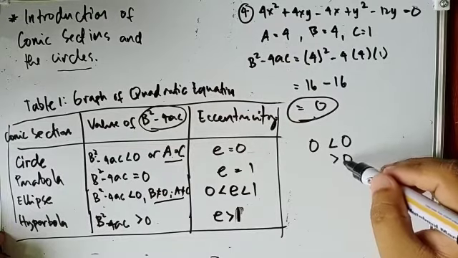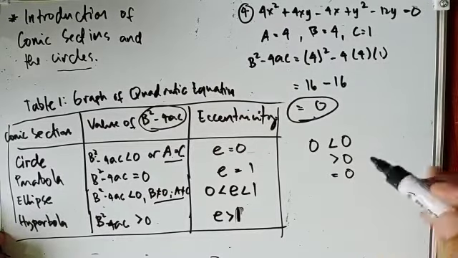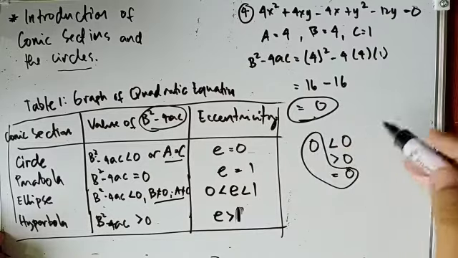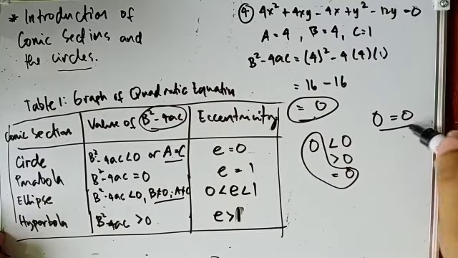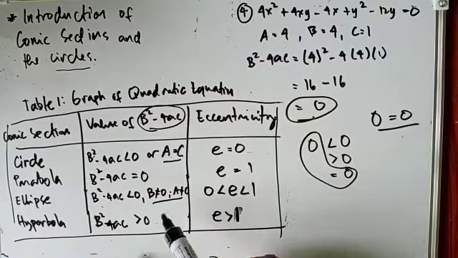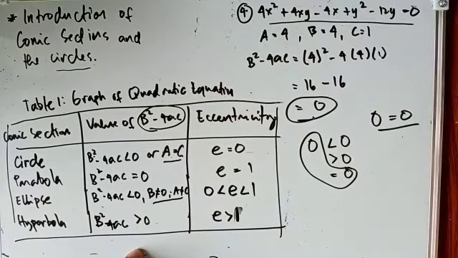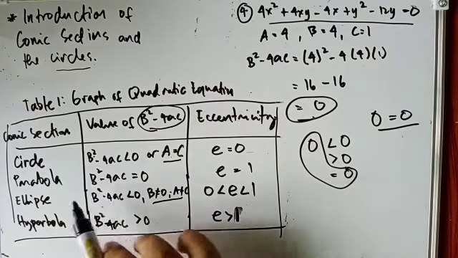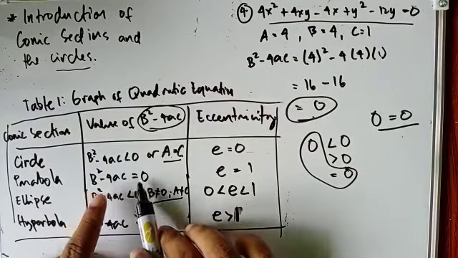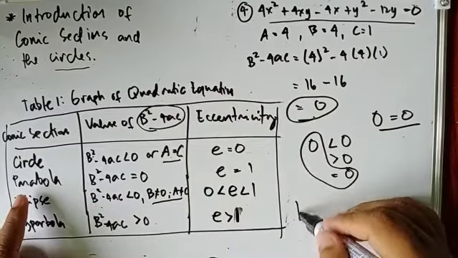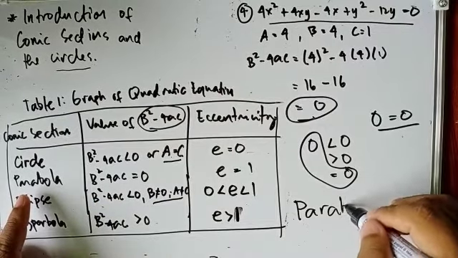Is it greater than kay 0? Is it equals to 0? Obviously, 0 equal to 0. Since 0 equals to 0, tignan natin dito. So, itong equation na to, is it a circle, parabola, ellipse, or hyperbola? Yes, very good, tumpak. Since yung b squared negative 4ac equals to 0, therefore, that one is an example of a parabola.